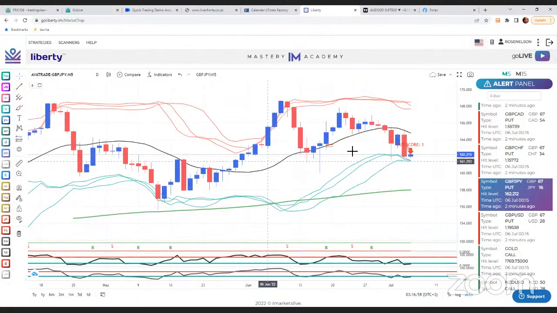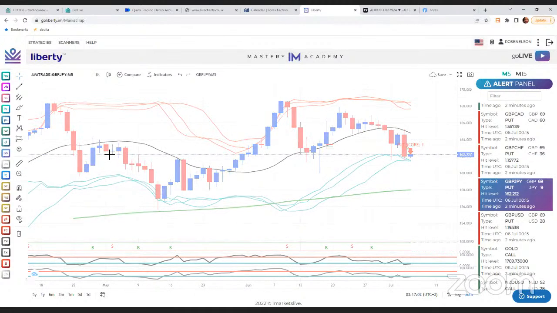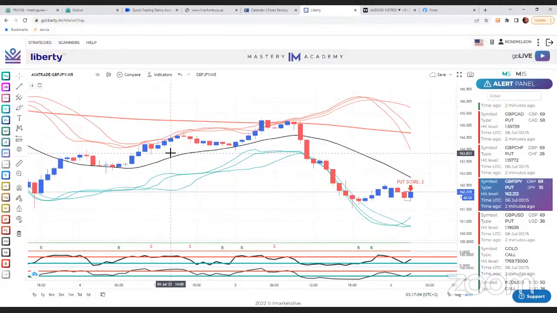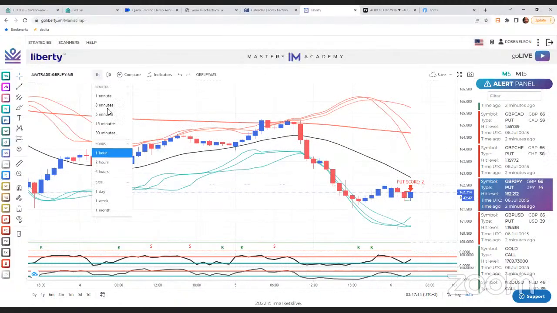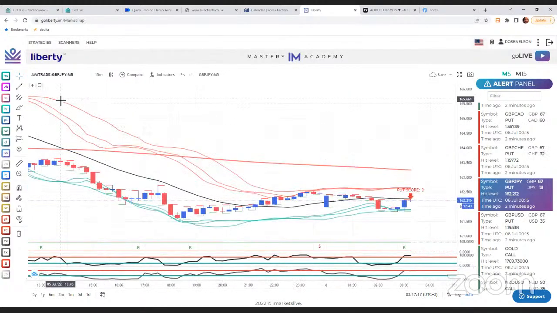Then we see, what has it been doing in the hour? Sell. Selling. Yeah, you're right, because the super trend is above the candles. Let's go for 15 minutes. What has it been doing? It's also selling. So this already tells me, I'm not even gonna bother with it.